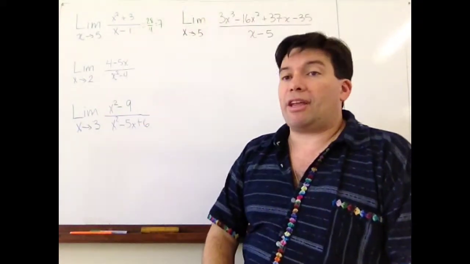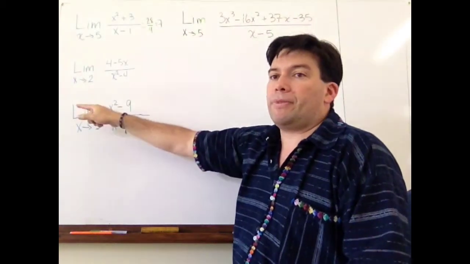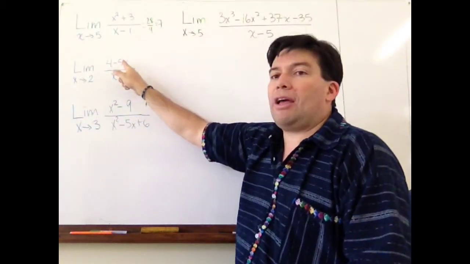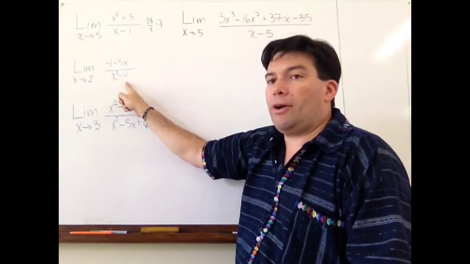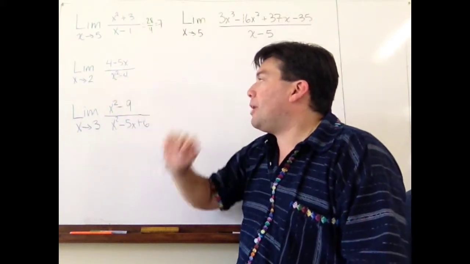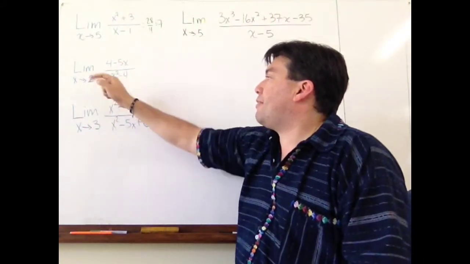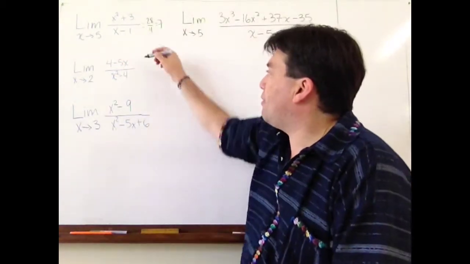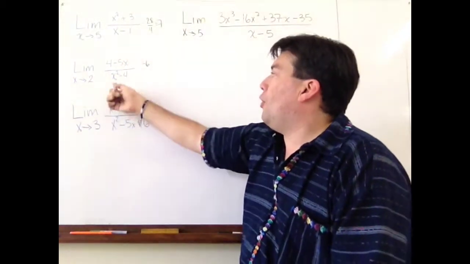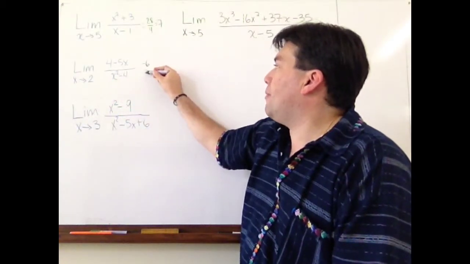Then we have other cases, like this one, the limit as x approaches 2 of 4 minus 5x over x squared minus 4. I'm going to try the same thing. 4 minus 5x, when x is 2, that's 4 minus 10, that's negative 6, over 2 squared, 4 minus 4, over 0.